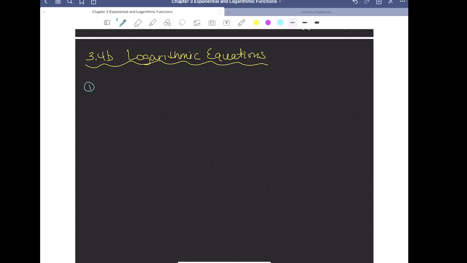So let's say we have log base 4 of x plus 3 equals 2. So we don't want to sit on our calculator and keep putting in values for x until we can come up with a solution, right?